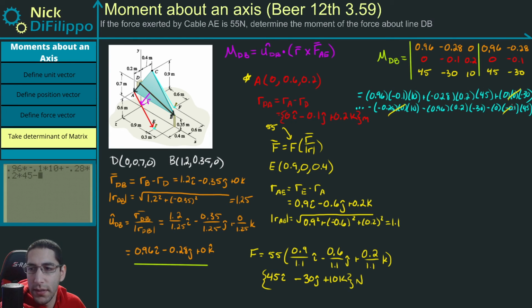This term is 0, and this term is 0. So I have a minus 0.96 times 0.2 times minus 30.